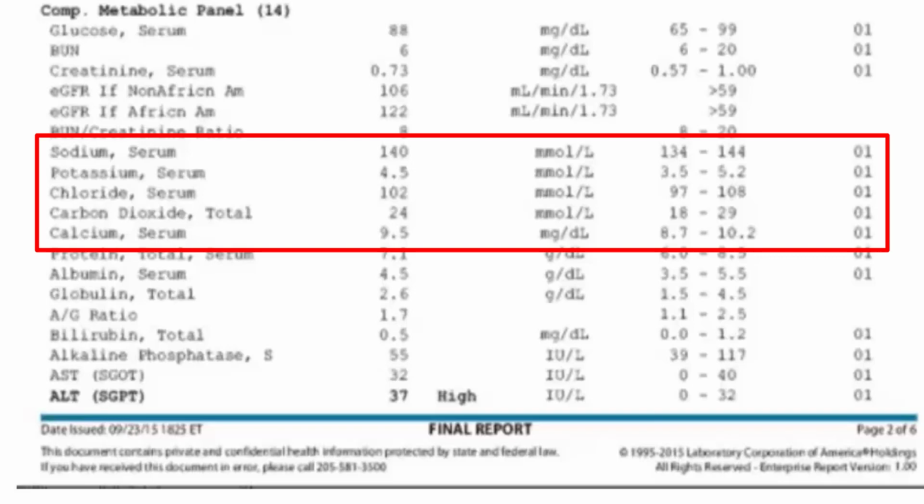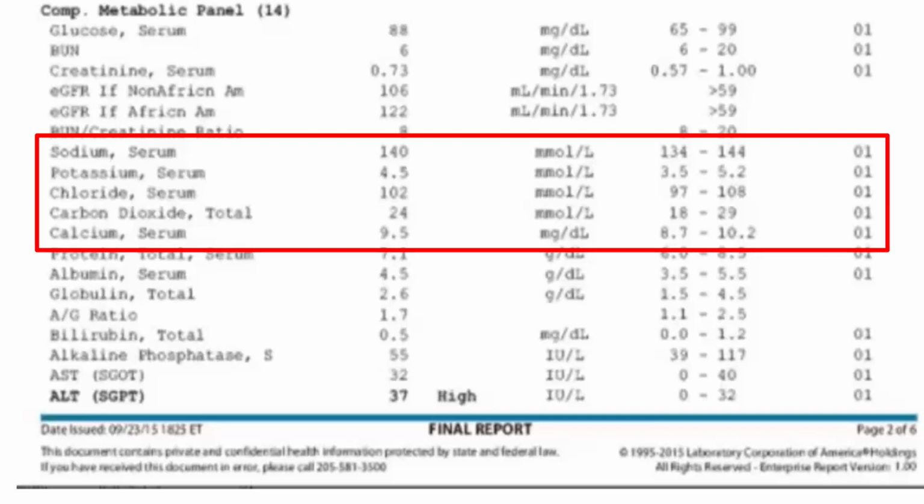But again, the computer usually will alert you if something is really high or really low. That's not something that you will necessarily have to identify or notify the doctor about. The doctor or whoever the provider is will see that and will act accordingly. But just something to be aware of.